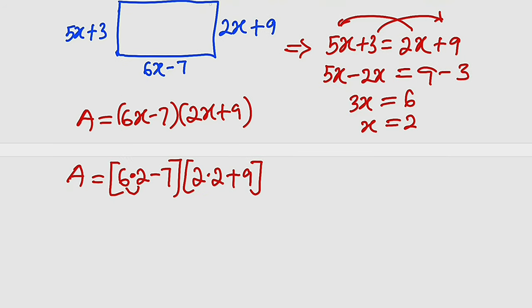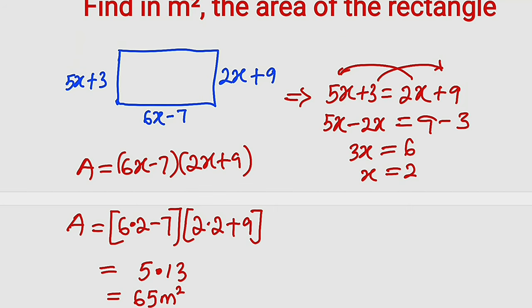We have 6 multiplied by 2, that will give us 12. And 12 minus 7 is 5. So this is 5 multiplied by 2 times 2 is 4. And 4 plus 9 is 13. And 13 multiplied by 5 is 65 meter squared. And hence, this is said to be the area of this rectangle.